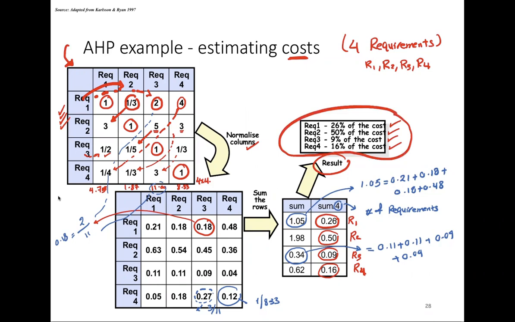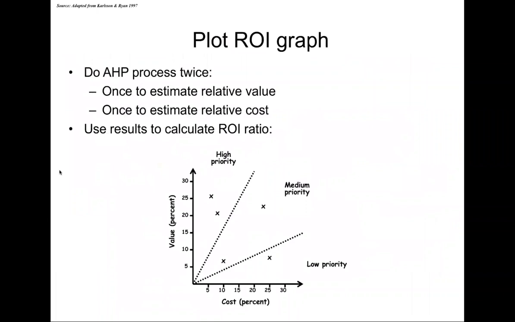And then simply you need to calculate the cost value and plot it into the return on investment graph. So the first step is to estimate the relative value, by applying the AHP on the relative matrix.